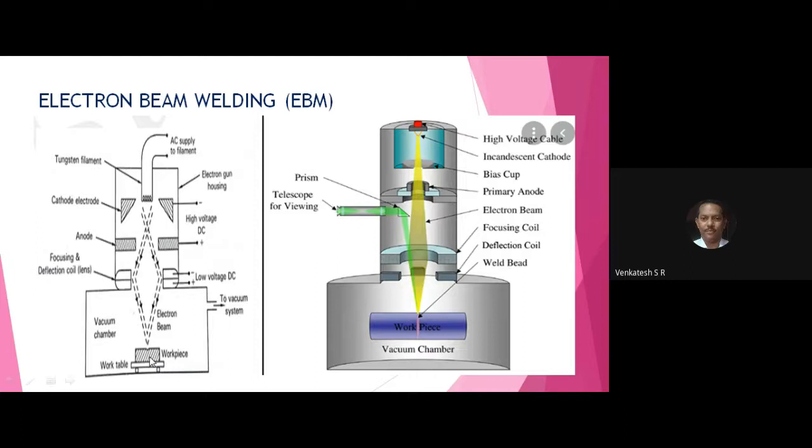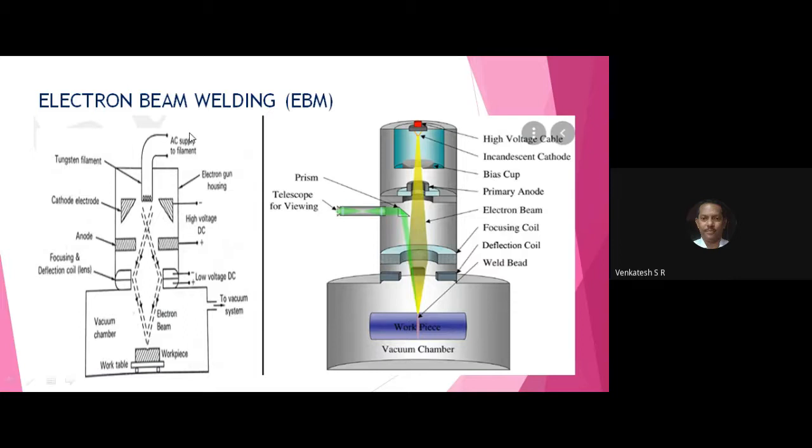The electrons produce intense heat, enough to melt the surface of the workpiece to be joined, and the workpiece is placed inside the vacuum chamber. Remember, it is inside the vacuum chamber, so that you can join the workpiece using the electron beam. So this is the principle of operation of electron beam welding.